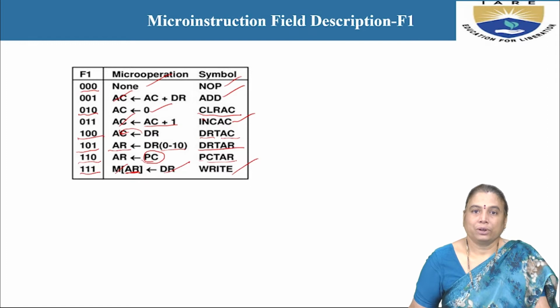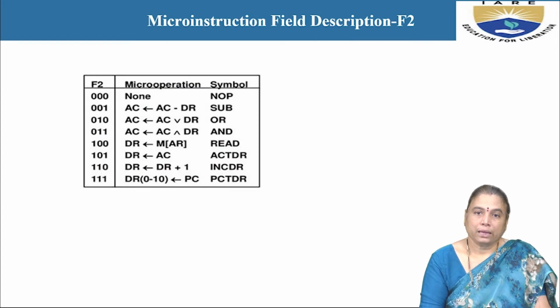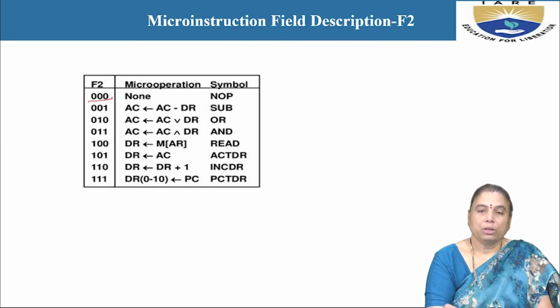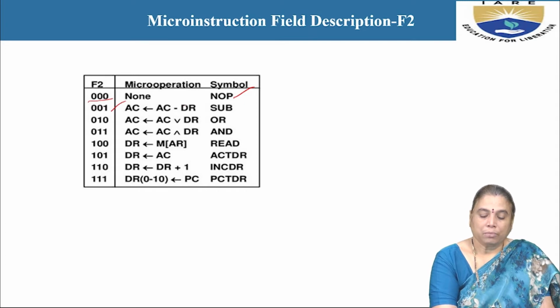Similarly, we have F1, F2, F3, each of 3 bits. F1 can support 8 micro operations, F2 8 micro operations, F3 8 micro operations, a total of 24 micro operations. So what are the operations that can be specified with F2? If F2 consists of 000, then NOP, no operation, and if F2 contains 001, then the subtraction micro operation is performed.